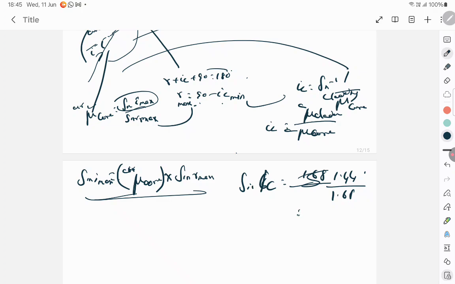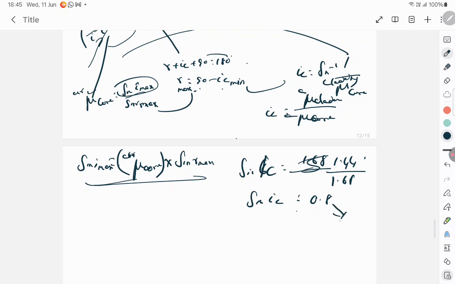And the value of this turns out to be, when you divide, approximately 0.8, and you should know that 0.8 is always closer to 60 degrees. You need to memorize this. 0.8 is closer to 60 degrees. You can write sin 60. Sin 60 is root 3 by 2, which is 1.732 by 2, which is 0.8 approximately.